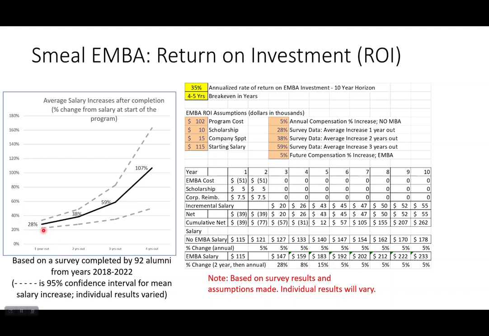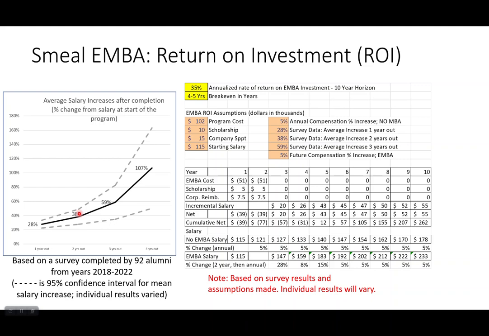And the data we received is that on average, the 1 year out compensation was 28% above incoming salary. So you can think about this maybe 3 years after starting your EMBA, our students had on average a 28% increase in their base compensation. 2 years out, our students reported a 38% increase from the base salary.